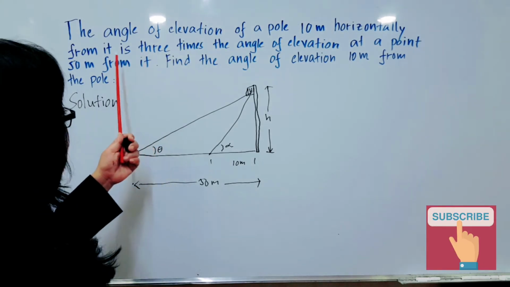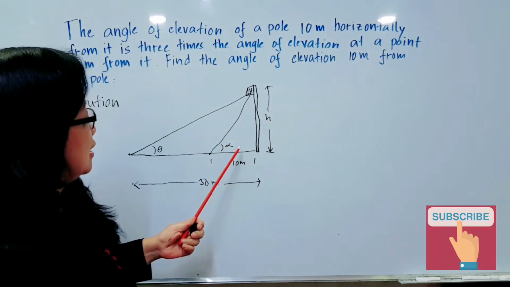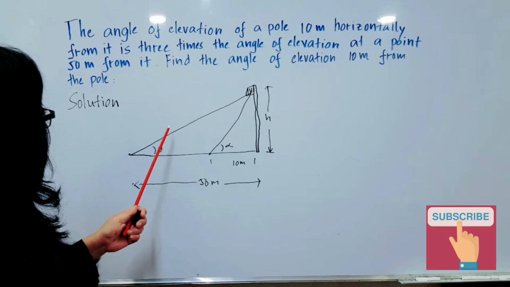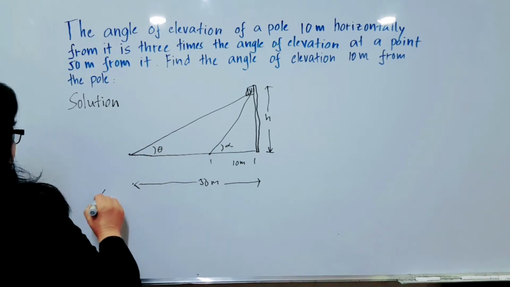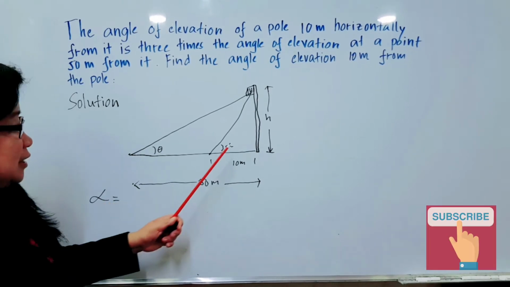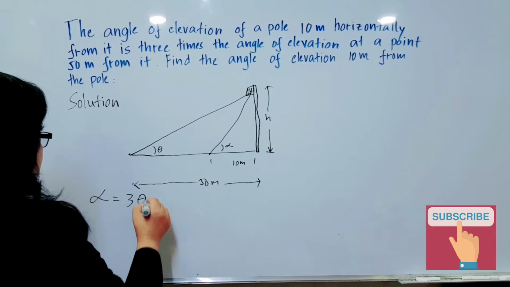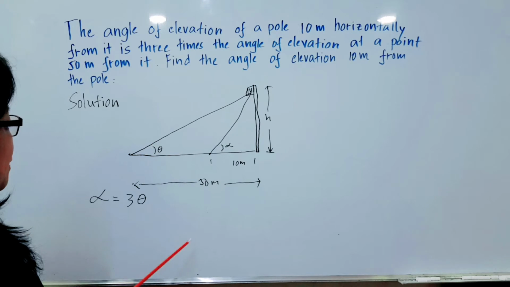It is said here that this alpha is 3 times the angle of elevation at a point 50 meters from it. Therefore, the angle alpha is equal to 3 times theta. Yan ang sinasabi dito sa problem.